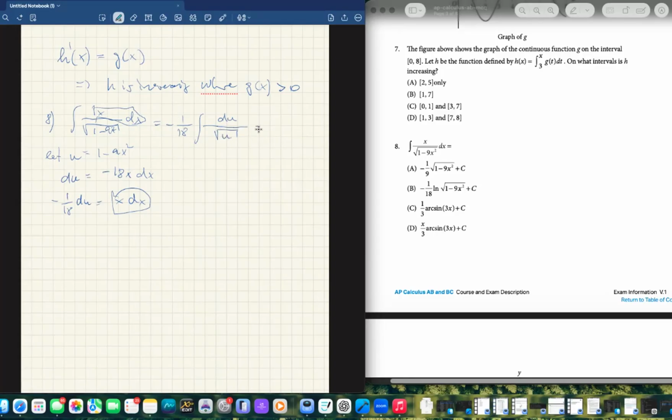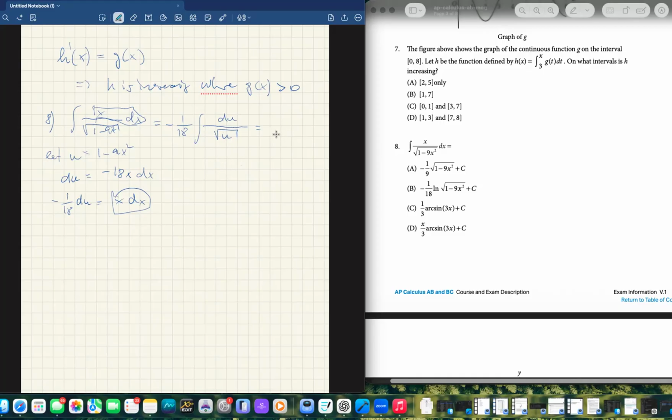So now you're doing the antiderivative. Antiderivative of 1 over square root of u is going to be, let's do this by calling this negative 1/2. So add 1 to negative 1/2, and then divide by that.